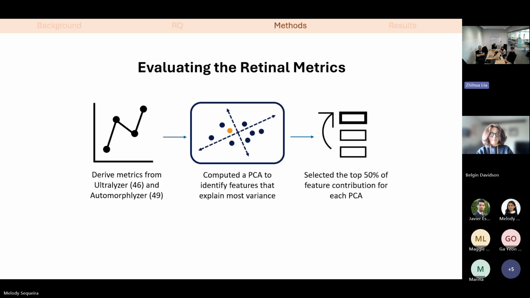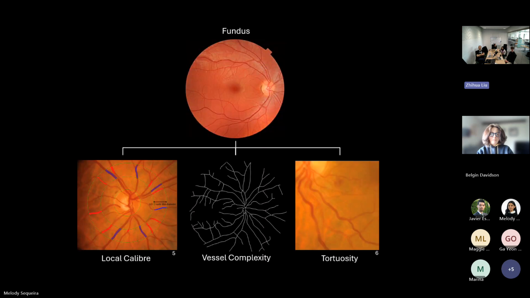To do that, I did a principal component analysis to identify which features explain the most variance, and then looked at the top 50% of each principal component to see which features contribute to it. Doing all of this, I got 3 principal components for fundus images. The first one is local caliber, looking at the width of each vessel in the retina.